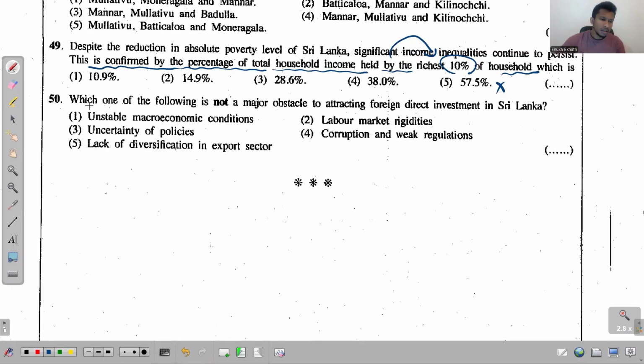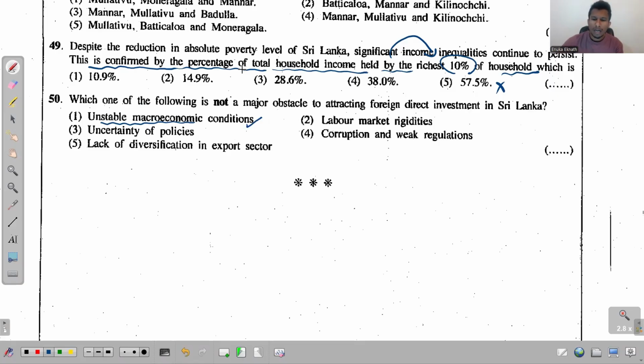Right. The 50th, which one of the following is not a major obstacle to attract foreign direct investment in Sri Lanka, which is not a major obstacle. තියෙන තරම් ඔක්කොම ඉතින් obstacles තමයි, but ඒගොල්ලෝ එහෙම නැතිවකුත් දීලා තියෙනවා. අපි එක බලමු. First one, unstable macroeconomic condition is an obstacle.